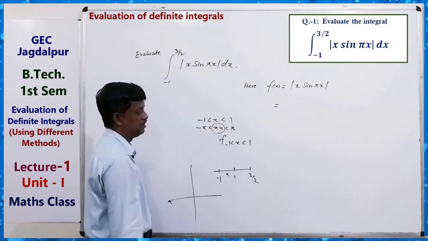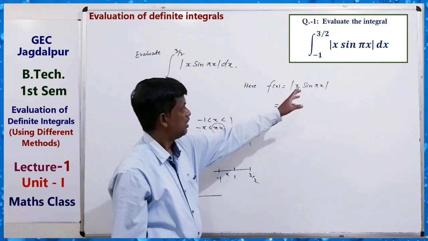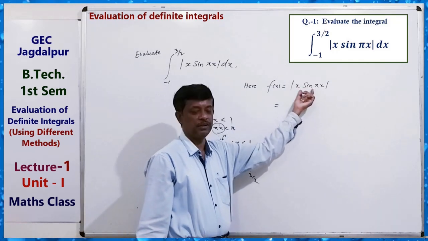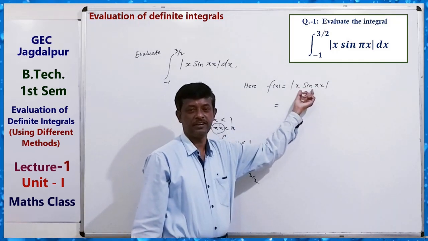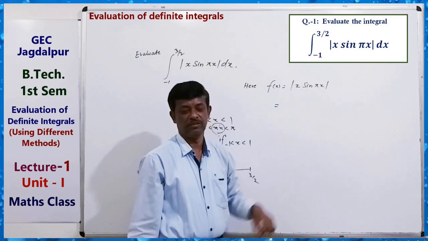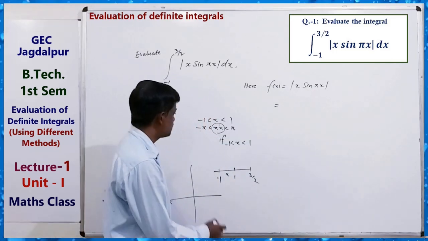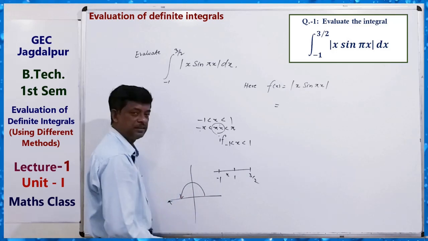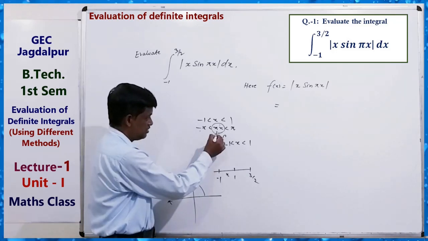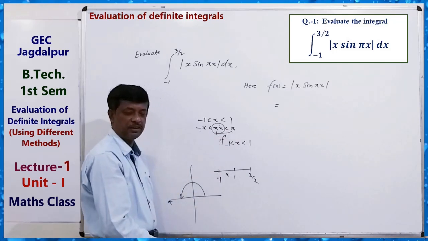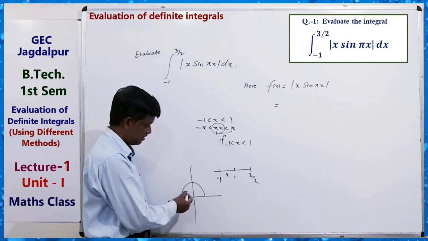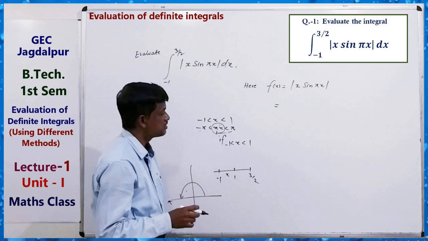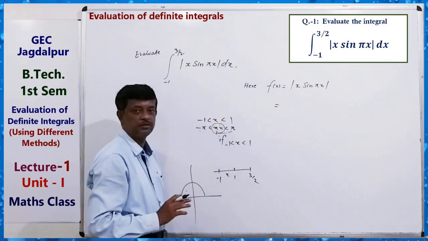In this interval, x and this multiplication will be what? It gives a positive value, because in this part, 0 to pi, sine is positive and the value of x is also positive.